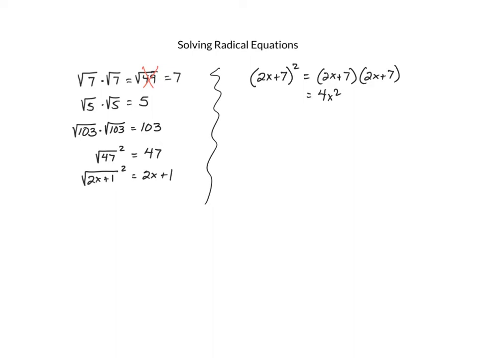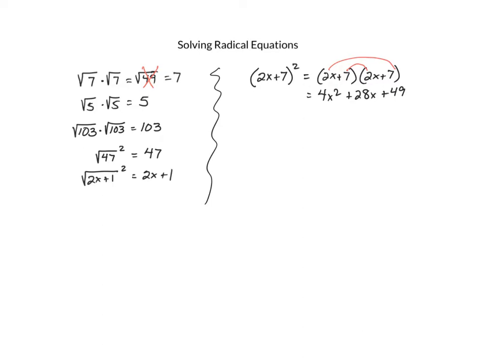The outside and the inside terms give you a 14x and another 14x, which is 28x. And then the last term would be our 7 times 7, which is 49. And depending on how much you've practiced squaring binomials, you may be able to go straight from the 2x plus 7 squared to the 4x squared plus 28x plus 49.